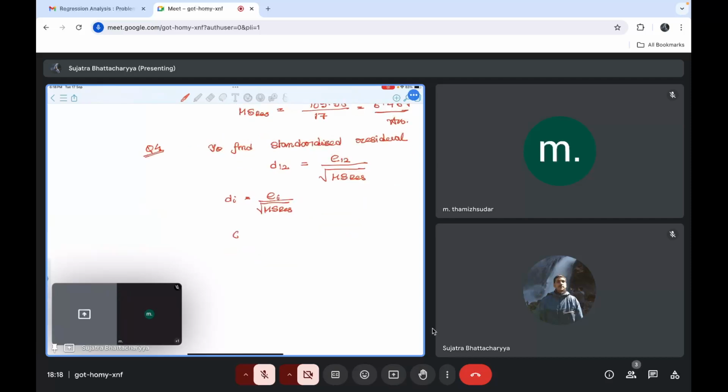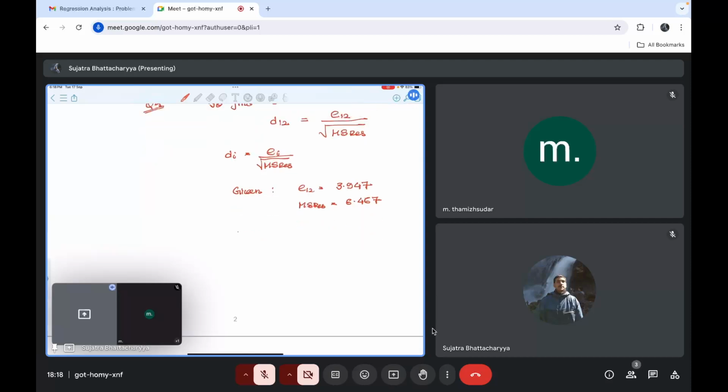Now, given in problem 3, E12 is 3.947. And MS residual we have already found out, which will not change, is 6.467.